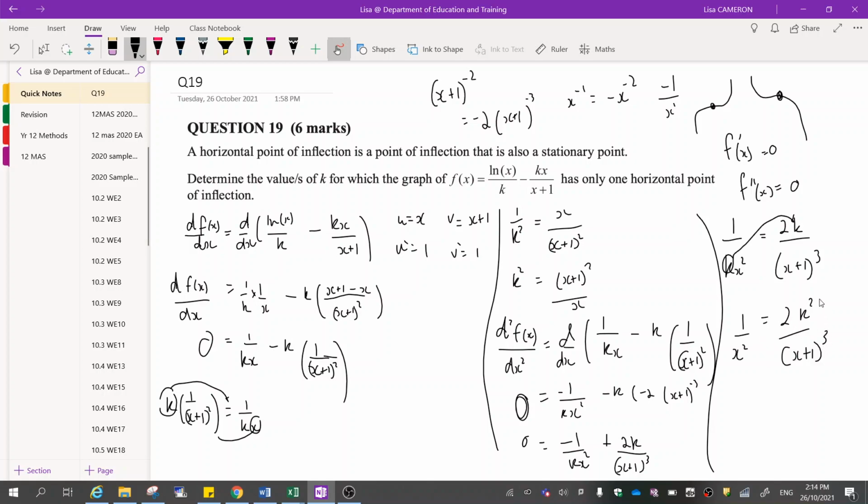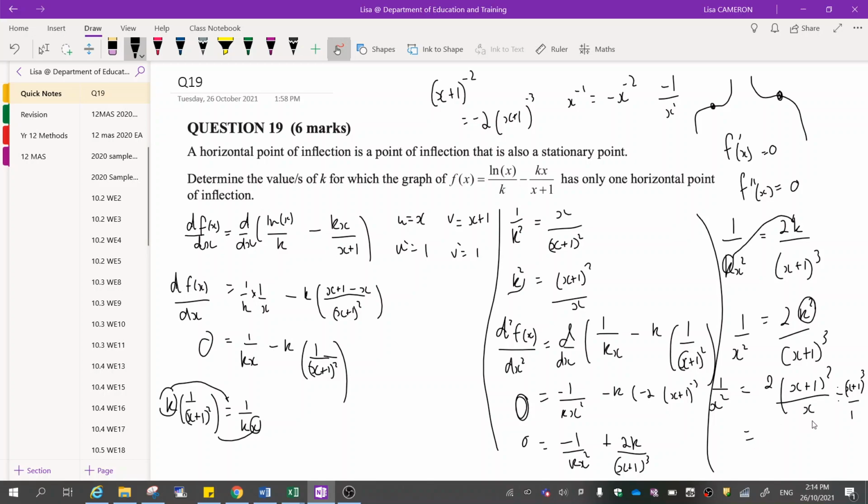Now, the next thing I'm going to do is a tricky trick. I'm going to grab this from here. I found in the first one that k squared is equal to this. And so now I can substitute this back in as k squared. So this will become, as my statement, 2 times x plus 1 squared divided by x, and that's going to be divided by x plus 1 cubed over 1.